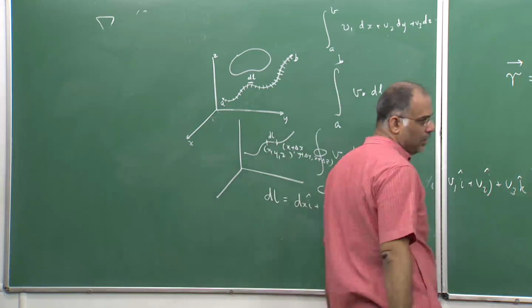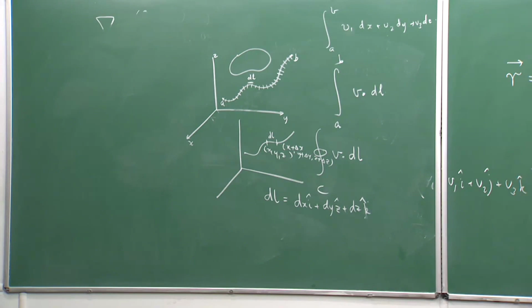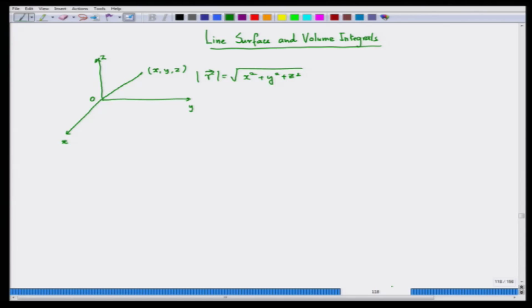That is exactly it. So, let me just work out an example here. Let me now consider one example. Let the v vector be given as y square i vector, 2x into y plus 1... You see, it can be functions of x, y, z or just x, just y, whatever you want.